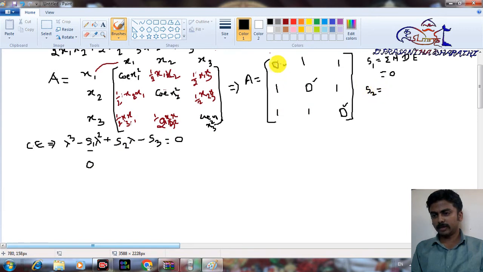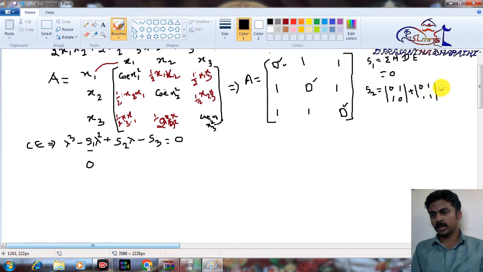So for the main diagonal element 0, we will have the minor 0, 1, 1, 0. Plus, for the second element we will have 0, 1, 1, 1.